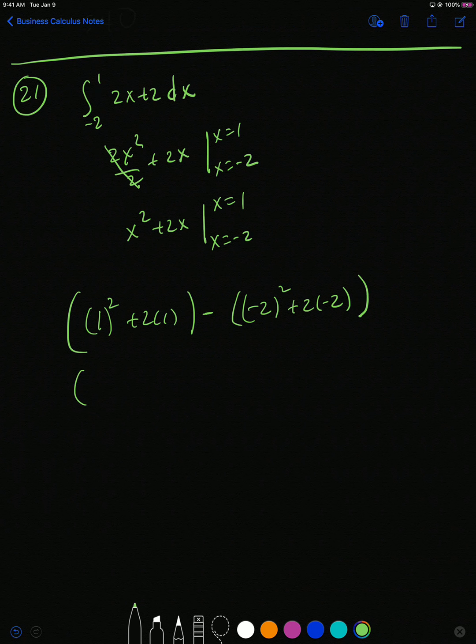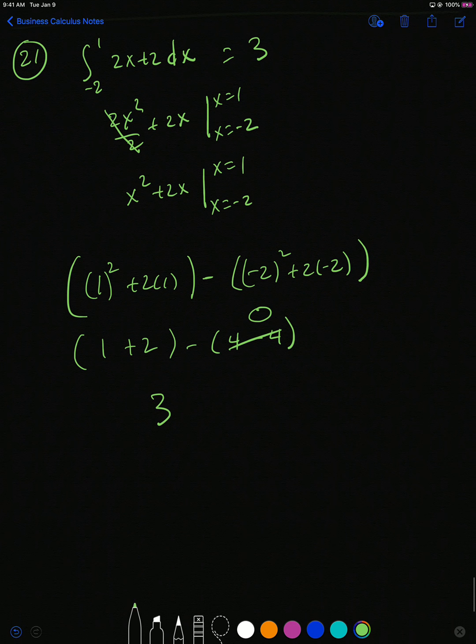So that's going to be 1 plus 2 minus 4 minus 4. Well, 4 minus 4 is 0. 1 plus 2 is 3, 3 minus 0 is 3. So the answer to my definite integral right here is 3.